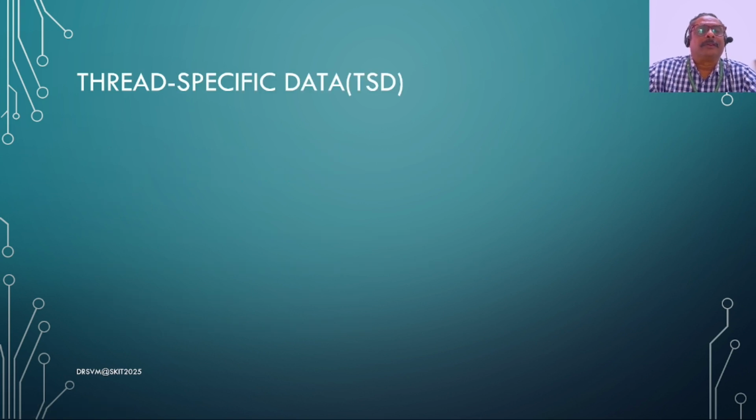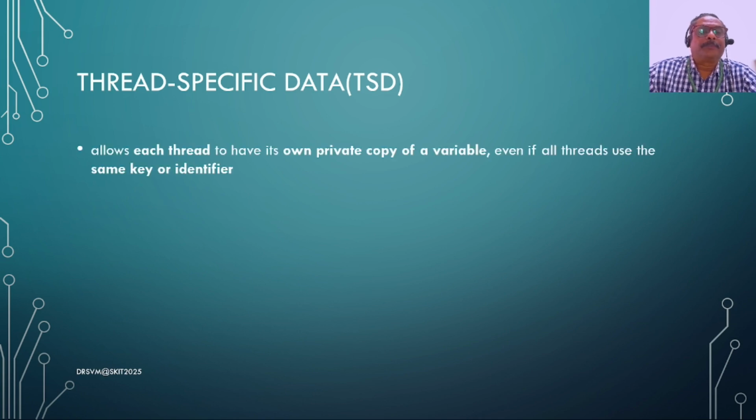Then we talk about thread specific data, which allows each thread to have its own private copy of a variable even if all threads use the same key or identifier.